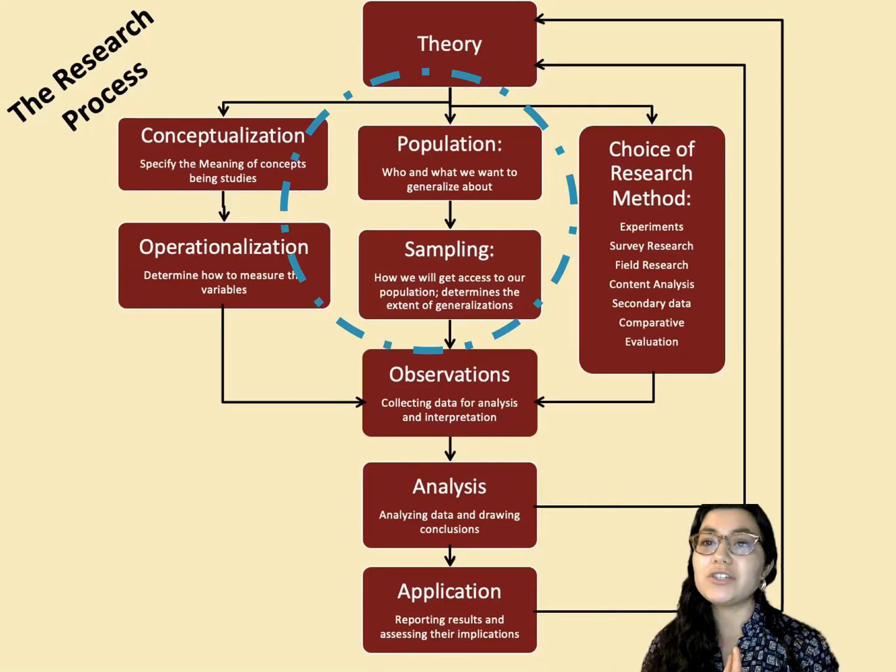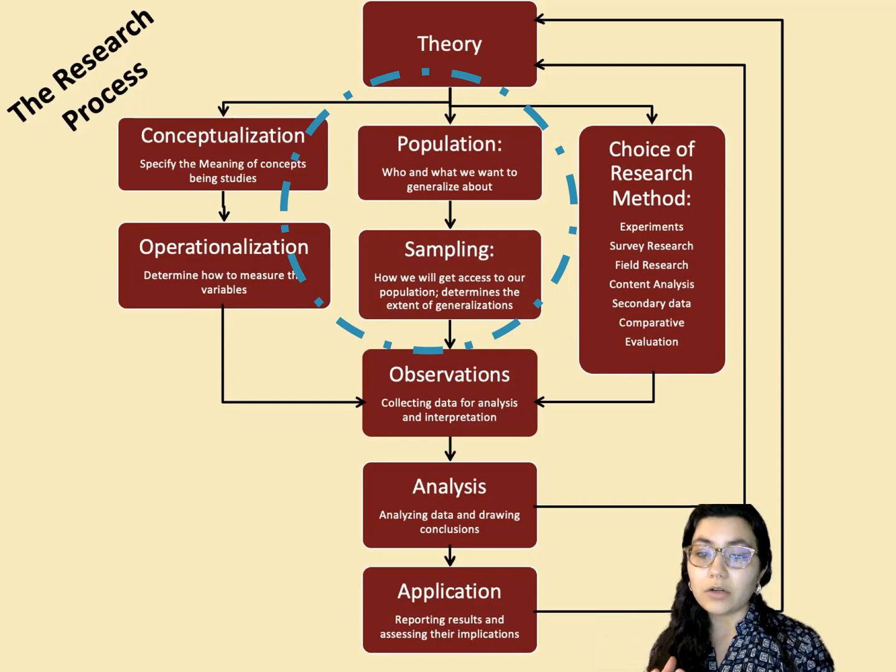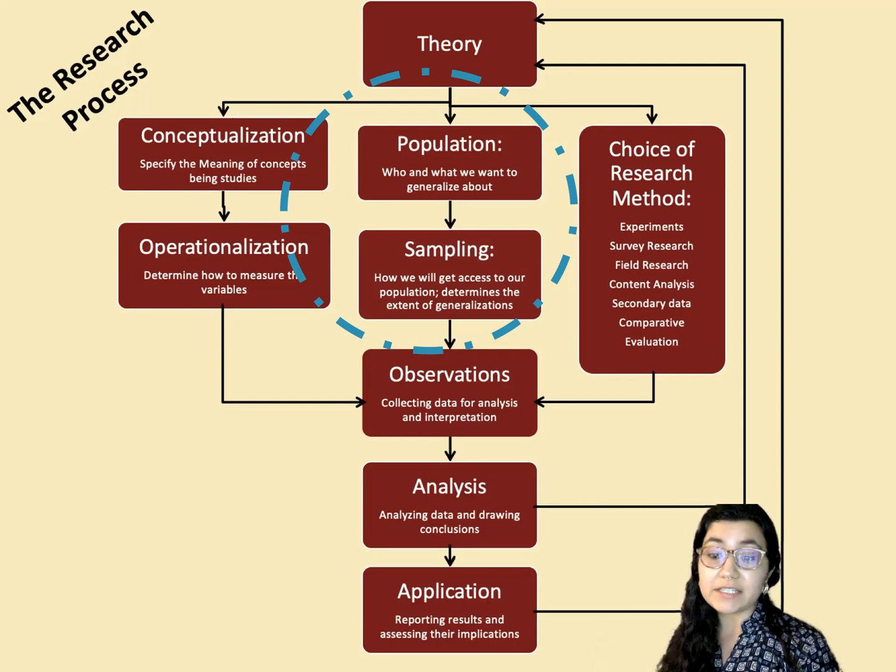And now remember, generalizations are claims that we make about a population. So let's say people with higher education are 30% more likely to get X job. That's a finding. And that finding, when we're doing a study, its ability to be applied to other contexts is a generalization.